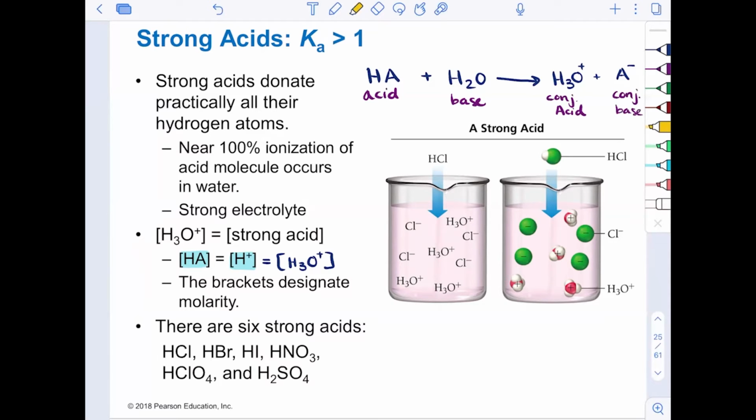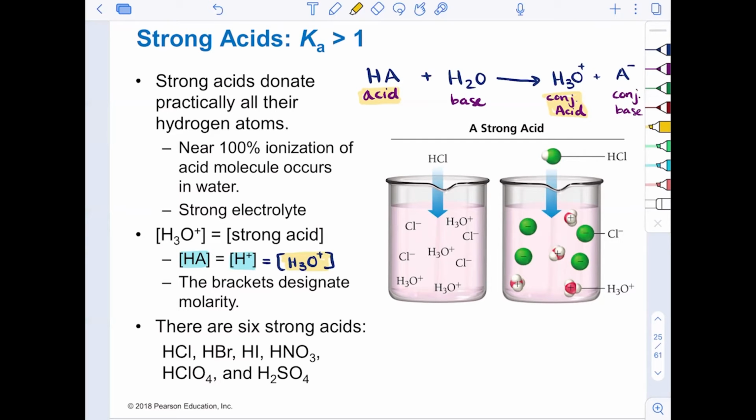Now for a strong acid, if this acid is strong, it will completely ionize with water to form the conjugate acid, H3O plus. So that's why there's that equating right there. Now, H3O plus can be reduced down to just H plus. I typically use H3O plus, but I'm going to use them interchangeably right now just to practice.